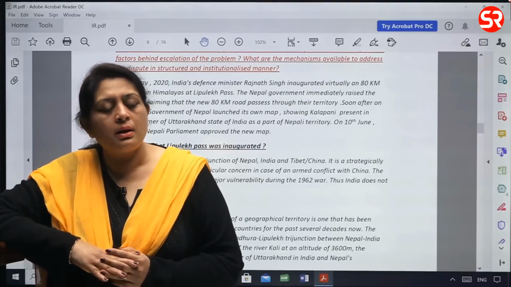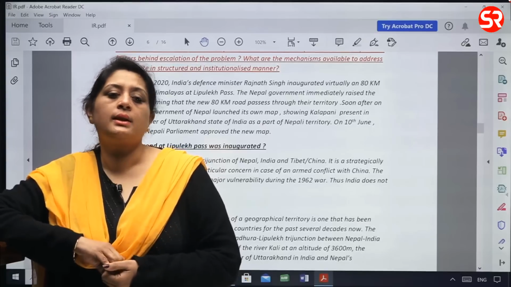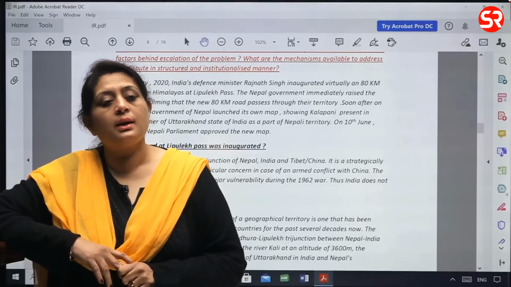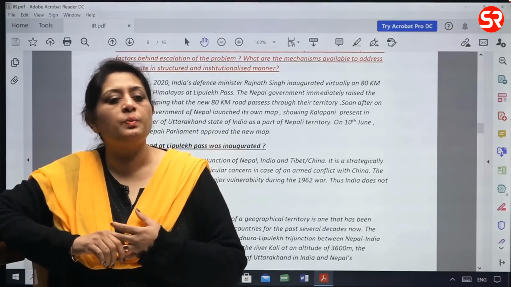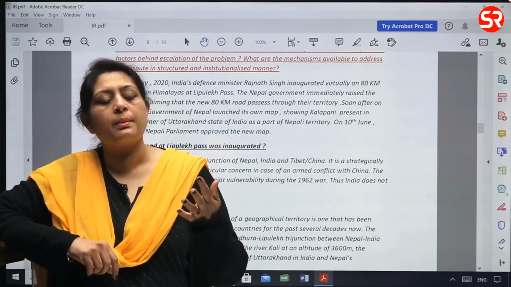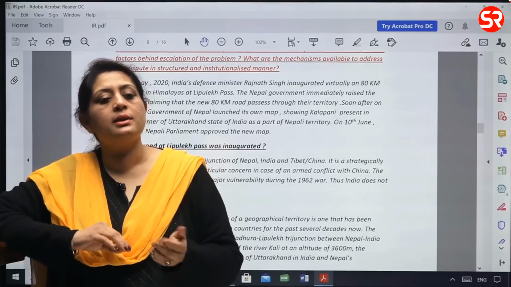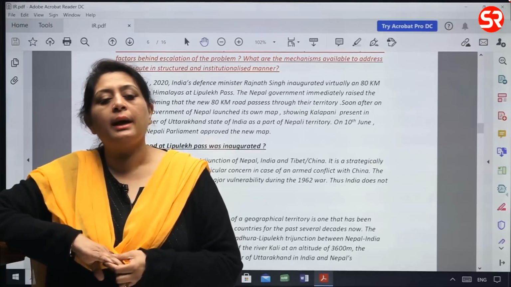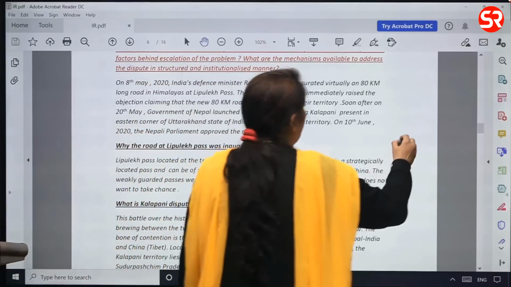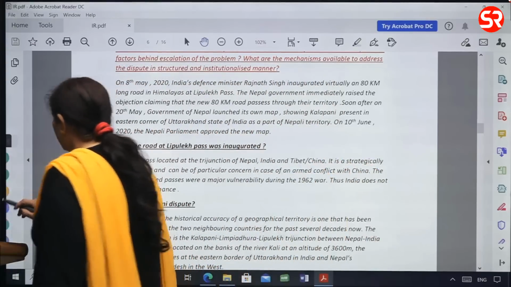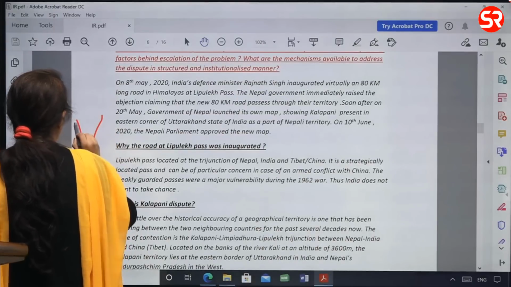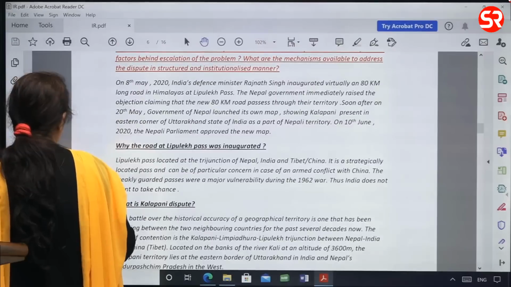Nepal has always asserted its claim on Kalapani, and recently we have seen that Nepal has objected to the construction of the road and declared Kalapani as its territory, made changes in its constitution, and the major problem emerges because of the difference in the interpretation.